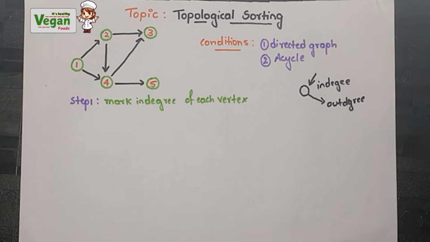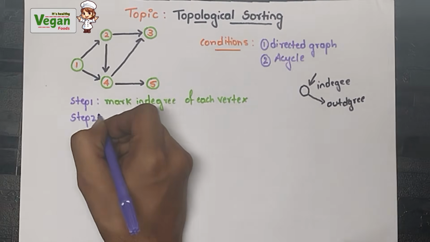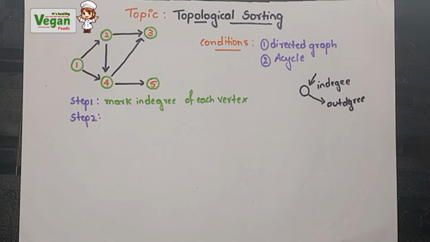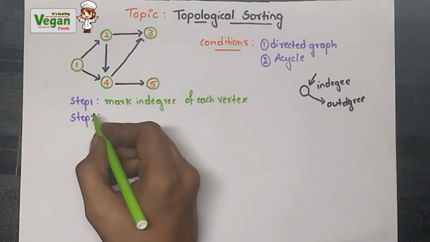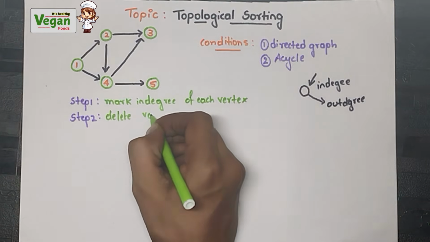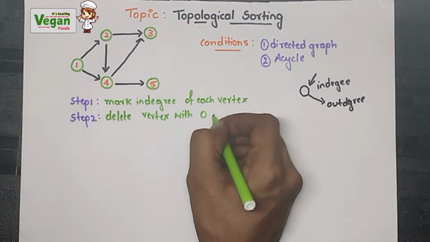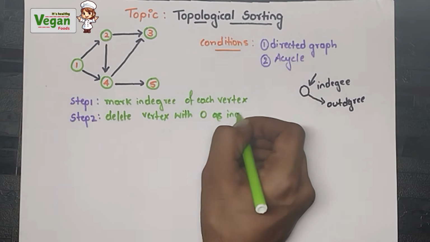Now what is the second step? The second step is to delete the vertex with 0 as in degree.